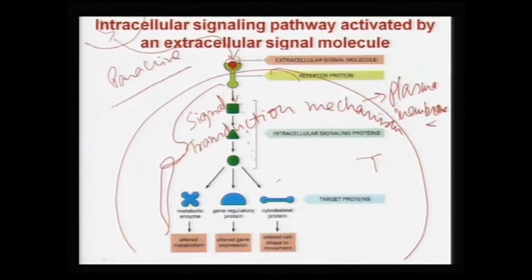They will activate a few other intracellular signaling proteins, and if you see here, these proteins are designated by different symbols, like one is a square, one is a triangle, one is circular. That means different shapes are essentially different types of proteins.